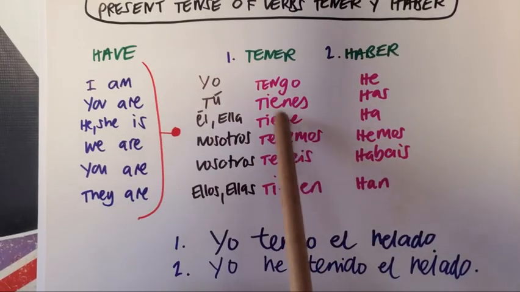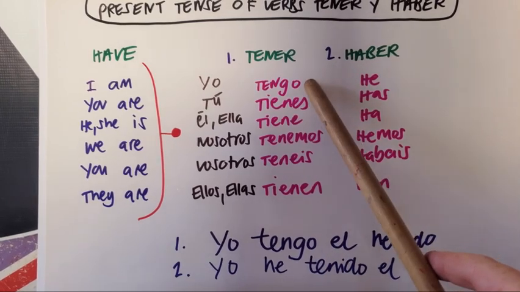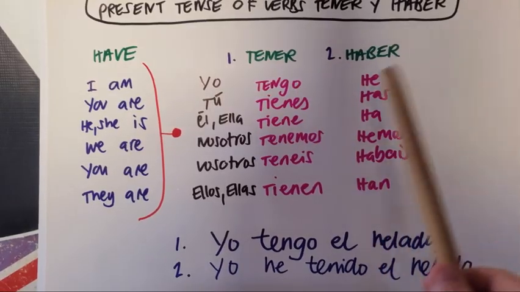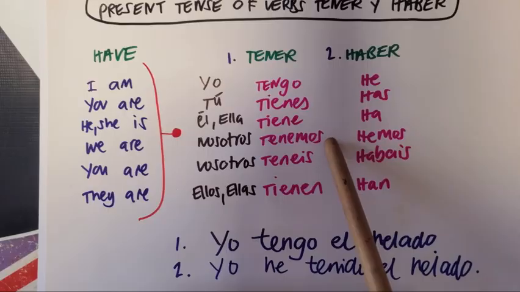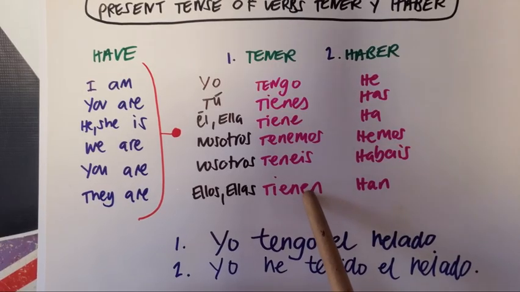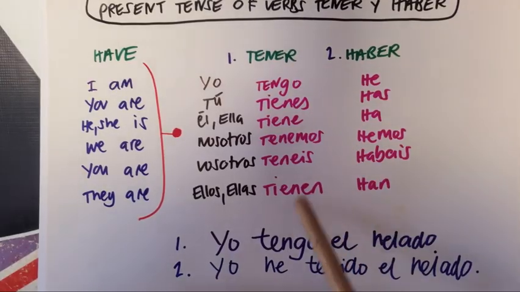So you may go, it's all different, oh my God, but don't worry, because there are these guides there. If I say tengo, I know it's I. If I say tenemos, I know it's we. Tienen, ending in en or an, is always they. There's a pattern. You've got to know this pattern.